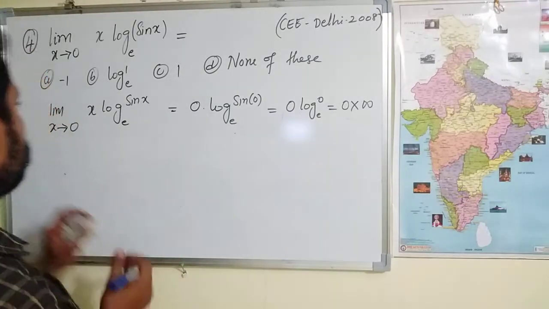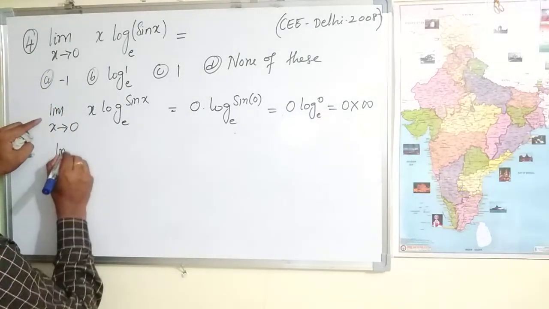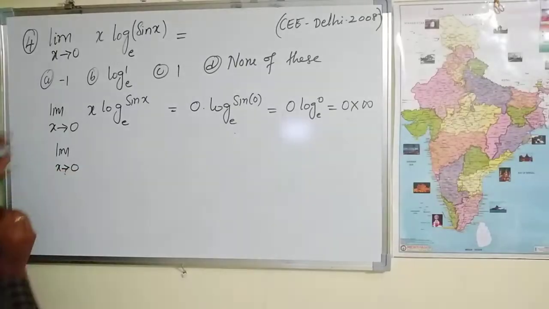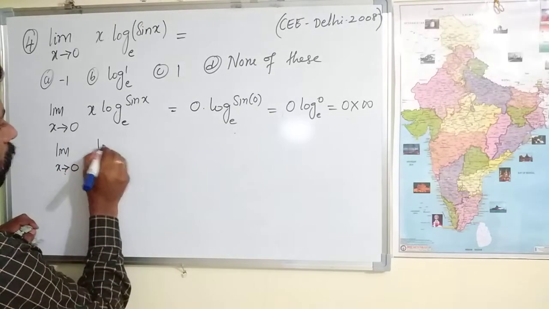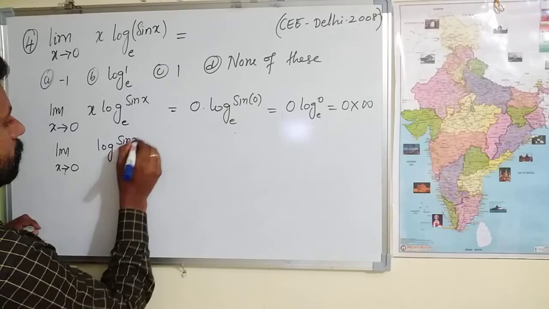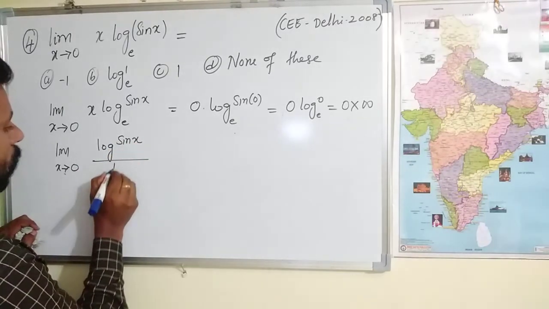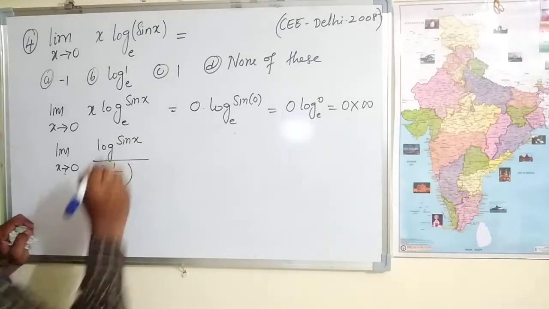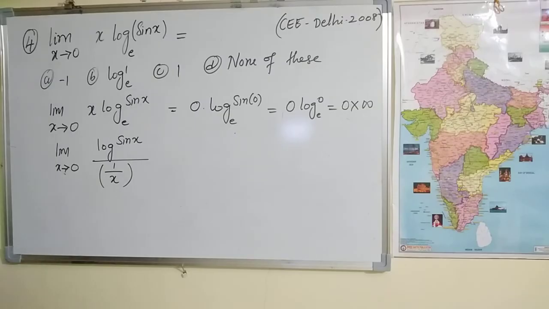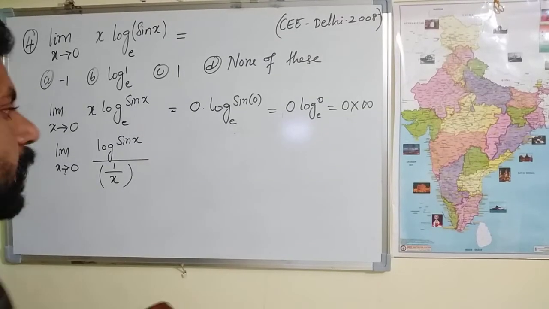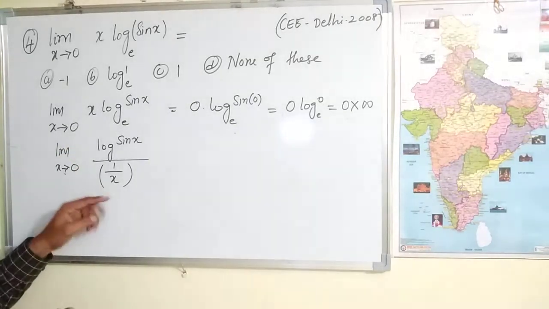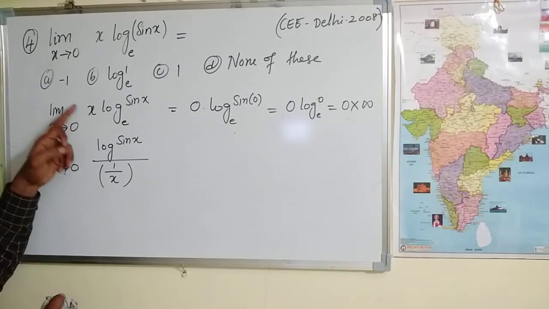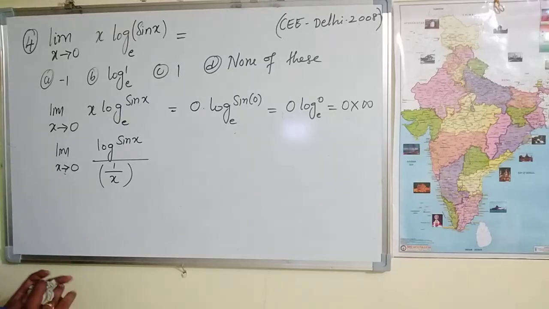So now this can be written as limit x tends to 0, log of sin x divided by 1 by x, because the x in the denominator, 1 by x, is moved to the numerator as x log of sin x.